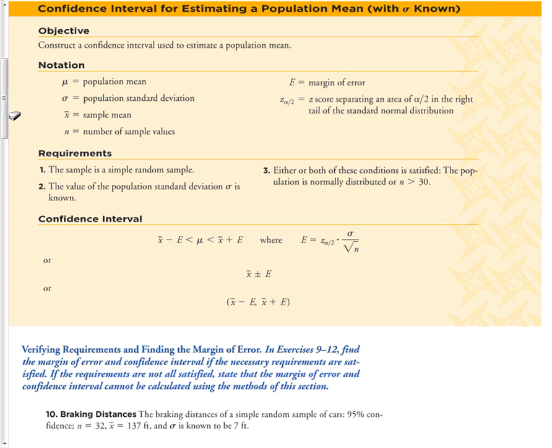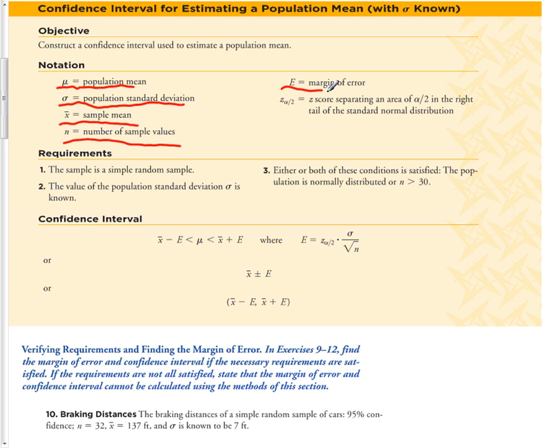There are certain requirements and notations that we're going to look at. The notation is mu for the population mean, sigma for the population standard deviation, x bar for the sample mean, and n for the number of sample values, or the sample size.